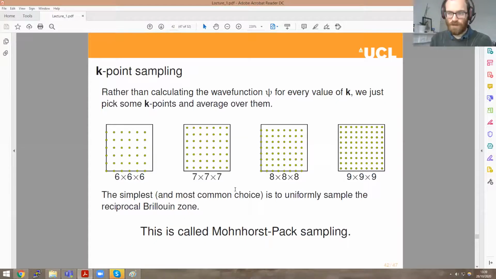This choice of Monkhorst-Pack sampling is used most of the time because it's not biased about what points you pick. It picks points in space uniformly. Well, it's not completely unbiased, but it's not particularly prejudiced.